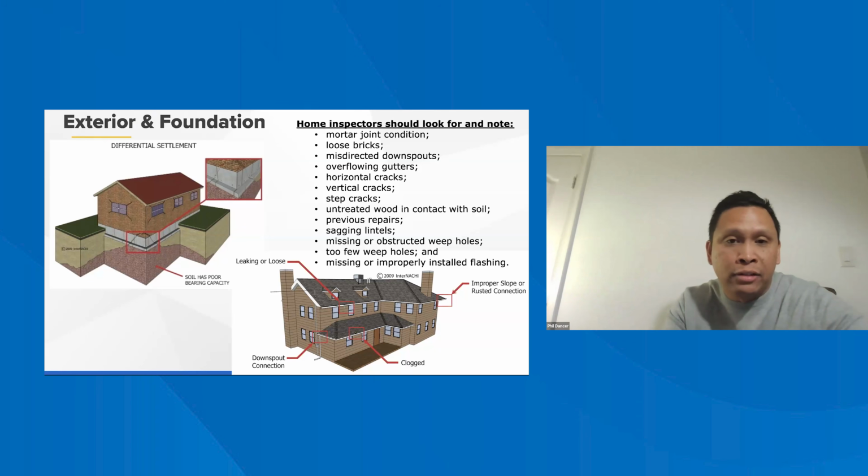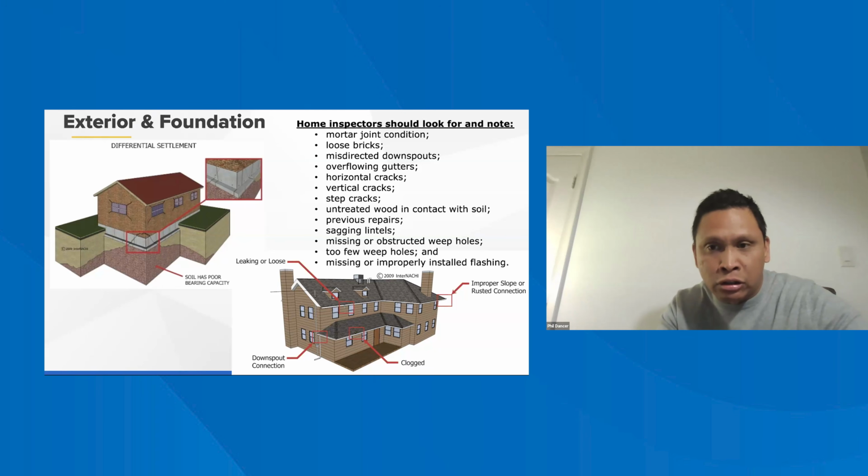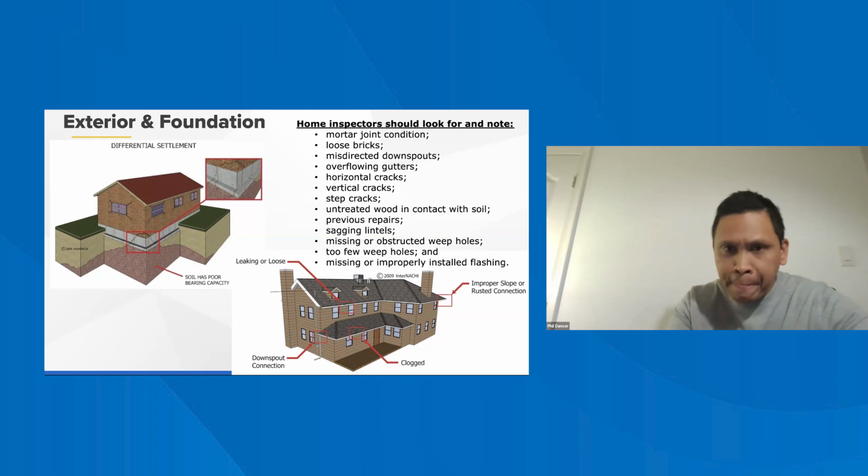Weep holes are meant to help drain the water out from behind the wall, try to keep everything as dry as possible. Sometimes you'll see homes where the family or the seller didn't understand what a weep hole is, didn't understand that it's meant to be open, and then they'll seal it, thinking that it's just an opening in the home, and it could possibly create additional concerns there.